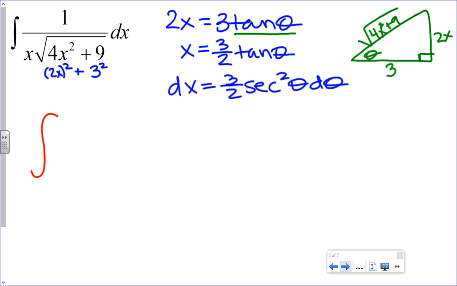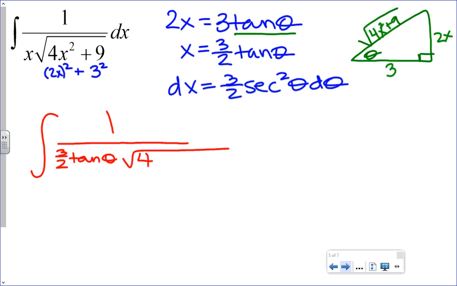So we have the integral of 1 over x times the square root of 4x squared, which really is just going to become 9 tangent squared theta.